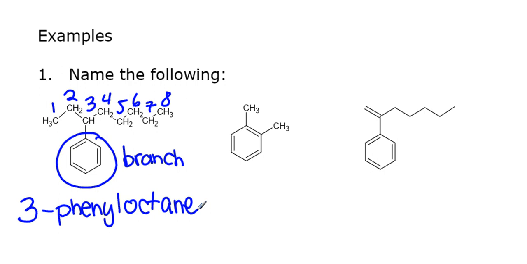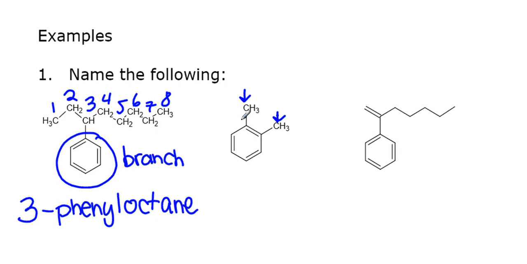So now that you see how this one works, let's take a look at another example. Next up, we've got benzene ring again, and we've got a couple of smaller chains joined. This is 1 carbon long, and this is 1 carbon long here. So these are both shorter than 6, so these have to be branches. Nothing else going on.